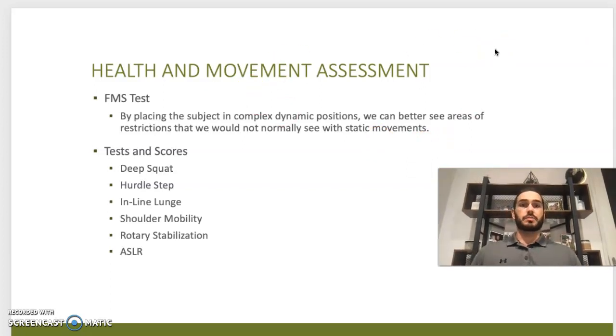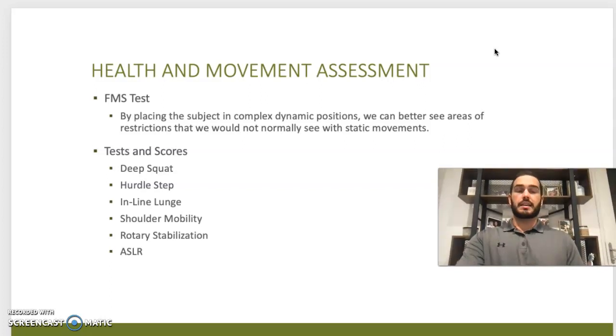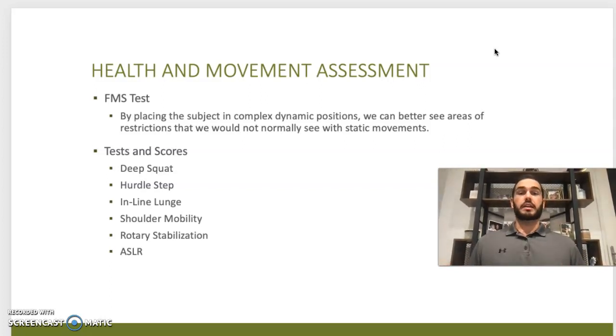This test is great because instead of testing the client in a static position, we get to see them in dynamic positions as they're moving and performing functional activities. It challenges a lot of their lower extremities, upper extremities, core, and stability. For the first test, I have my sheet here, the deep squat.